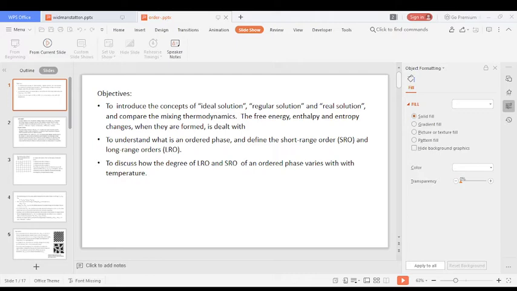In this diagram on the right side are shown two atomic configurations of the solutions. The top one is ordered: substitutional atoms are ordered completely. A atoms occupy specific positions and B atoms occupy specific positions, so there is a perfect order here. The bottom one shows a tendency for atoms to cluster together, that is, atoms of like kind flock together.